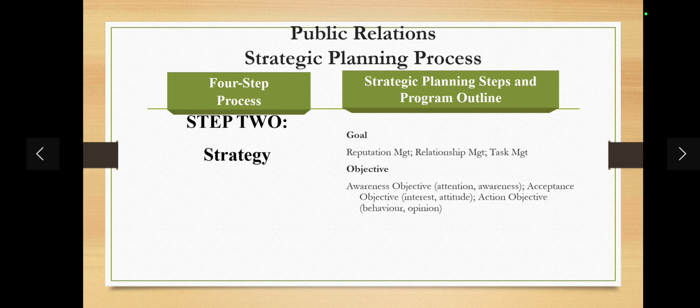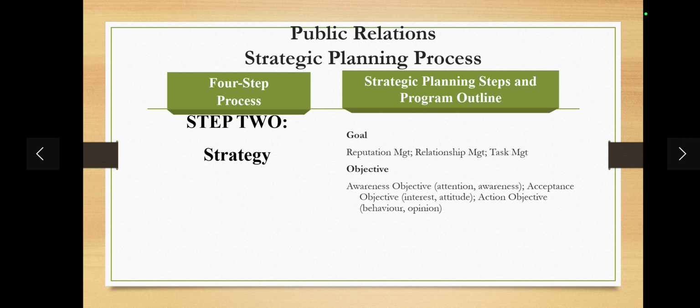So remember when we talked about goals, we talked about 3 types of goals: reputation management goals, relationship management goals, task management goals. And we gave some examples. When you come to objectives, we also have awareness objective. So when we say an objective is an awareness objective, it seeks, for instance, to get attention or create awareness.